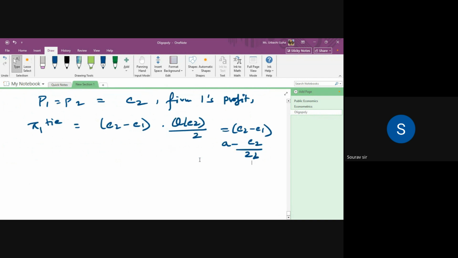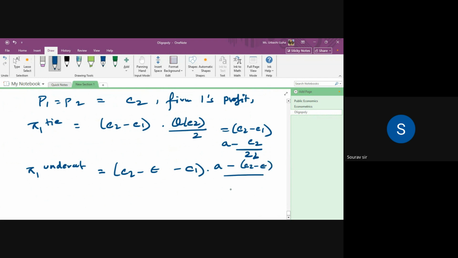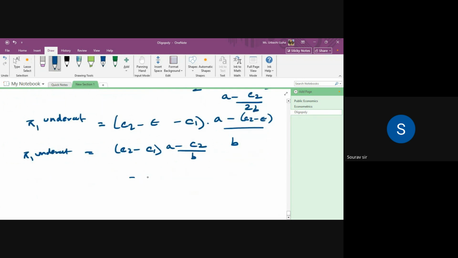This is one. Next we have undercut. How will we go for undercut? This is the way to do the sums. Minus C1. So it's A minus C2 minus epsilon by B. And if it is pi 1, again undercut, then it is C2 minus C1, the same formula, A minus C2 by B. So here what we see, pi 1 undercut is greater than pi 1 tie.